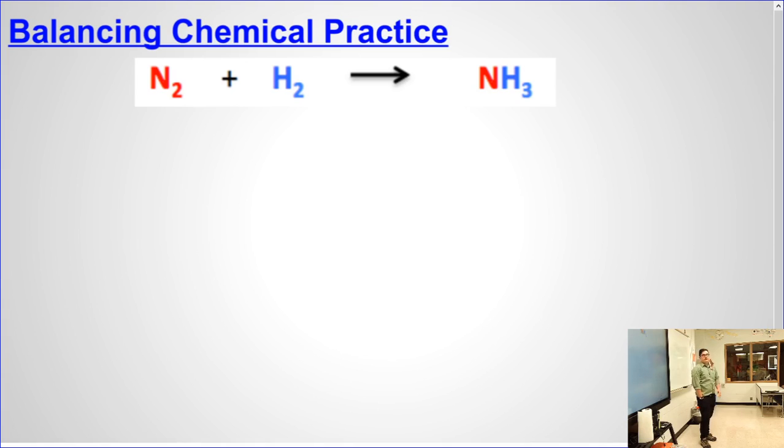First thing you do is write the elements you have down the middle. We've got nitrogen and hydrogen. Half the battle's already done. We know the elements on the left side and the right side are the same: nitrogen and hydrogen on the left, nitrogen and hydrogen on the right.